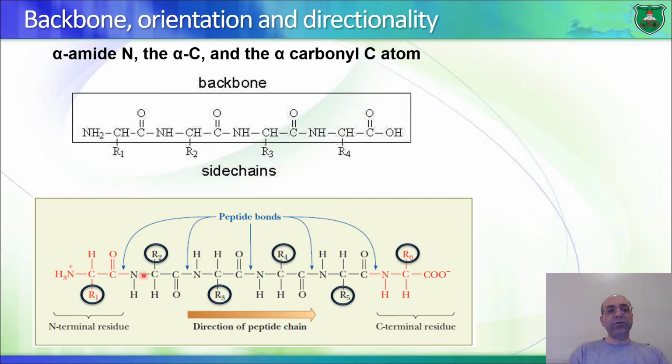Then amino acid number 2, then amino acid number 3, and here we have the carboxy terminus, which has the last amino acid that is added when we form a peptide bond between two amino acids. Whenever we want to add an amino acid, we add it to the carboxy terminus, not to the amino terminus.